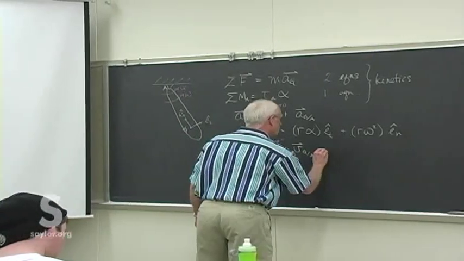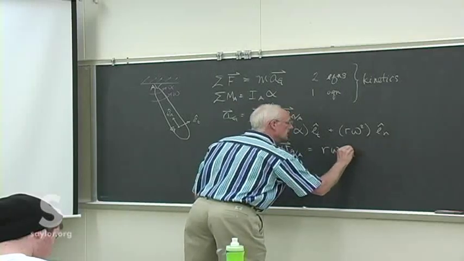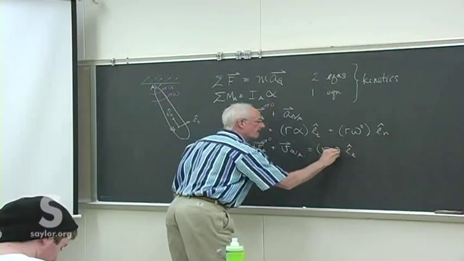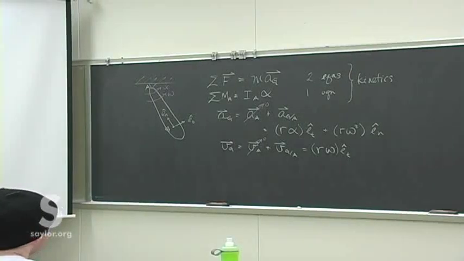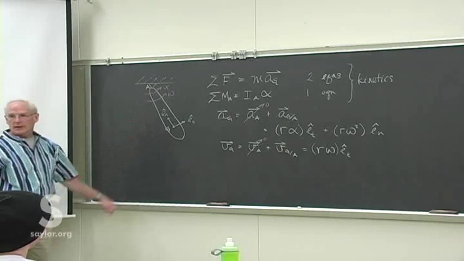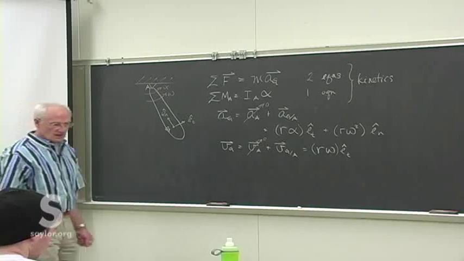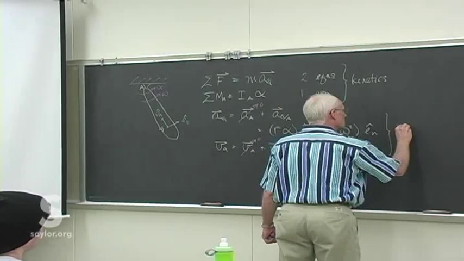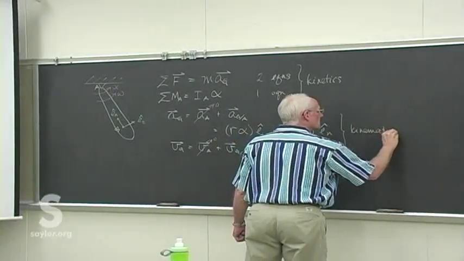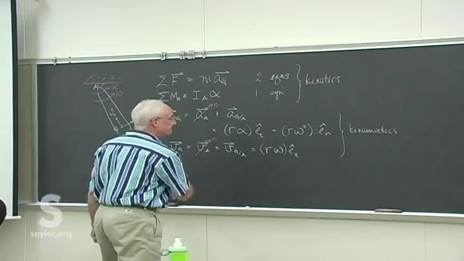So we've got just the piece R omega in the tangential direction, because there is no normal component to the velocity of G. G cannot move closer to point A or farther away from point A because it's a rigid body. So there's two more equations there in the kinematics that we can bring in, and any others that might be appropriate, but that pretty much covers the ones we want to use.